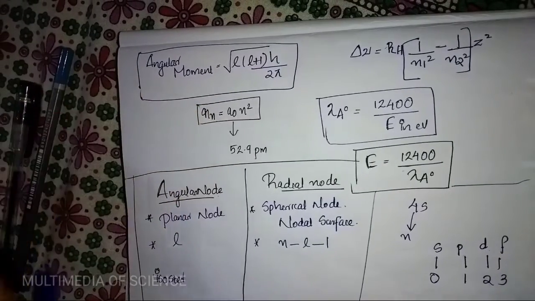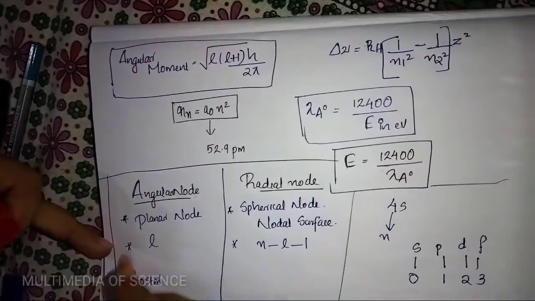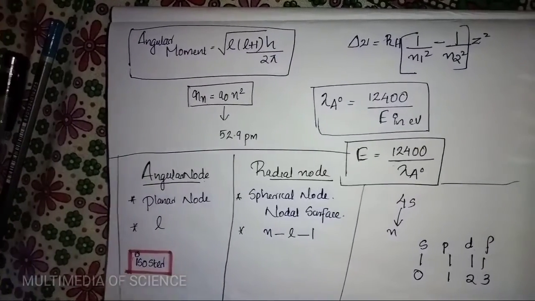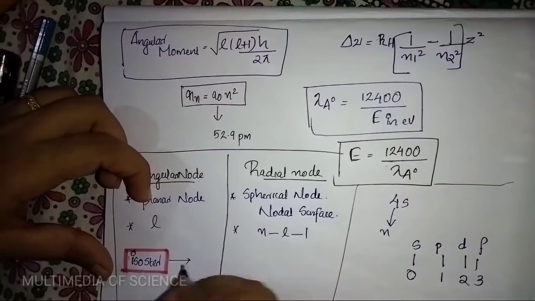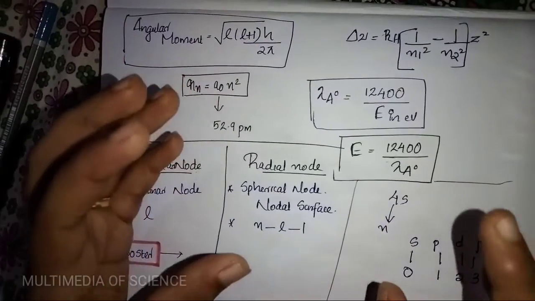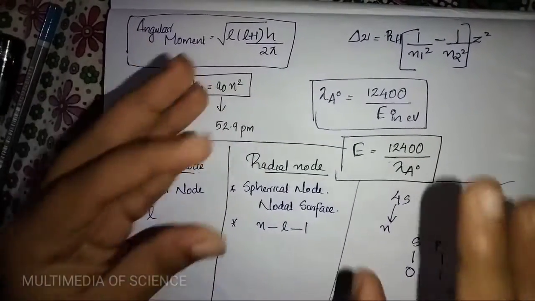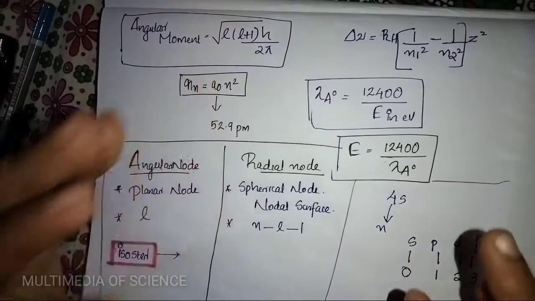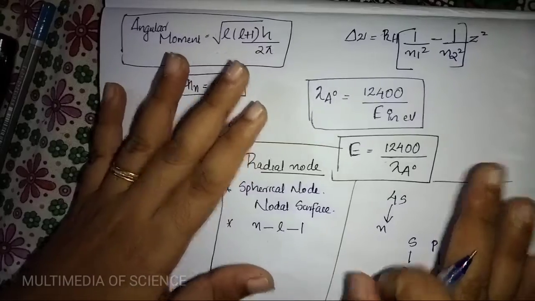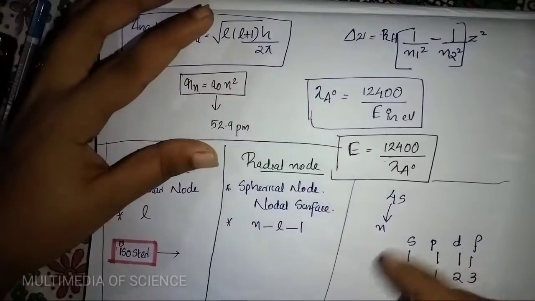Isoster. What do you mean by isoster? If two elements have the same number of atoms and the same number of electrons, then it is called isoster.